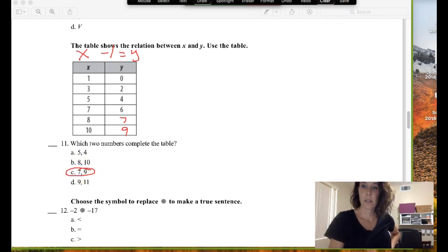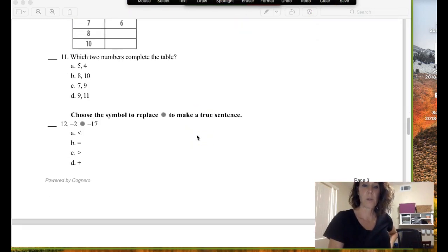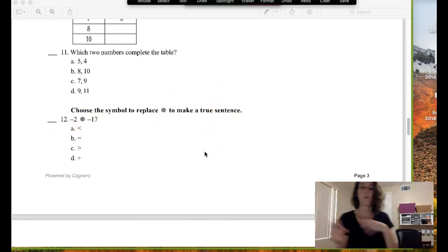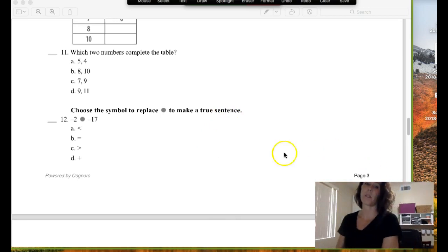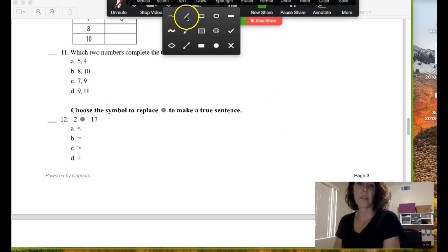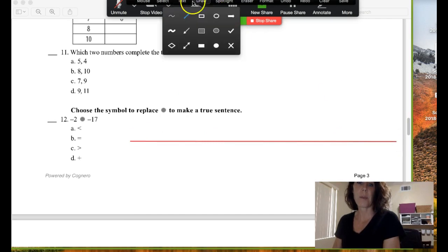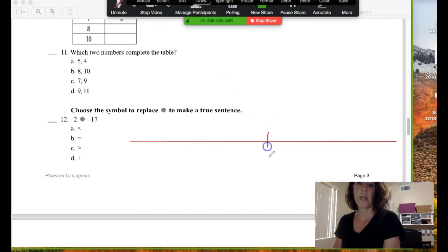All right, let's go on to the next one. Choose the symbol to replace the blank spot to make a true sentence. So we're looking at inequalities or equalities, whatever will make this true. Well, -2 is what to -17? Now careful, 17 looks bigger than 2, but on a number line, remember the negatives go in the opposite direction.